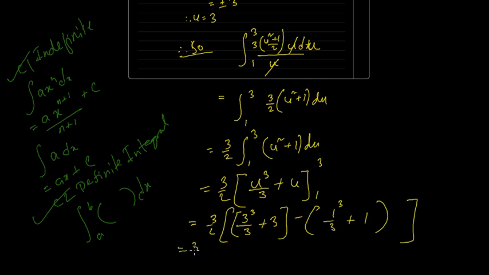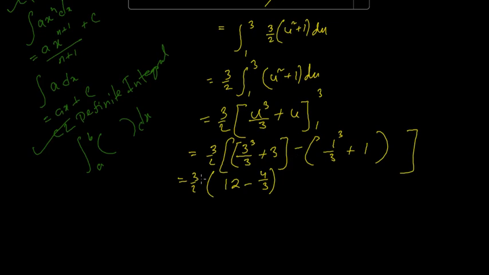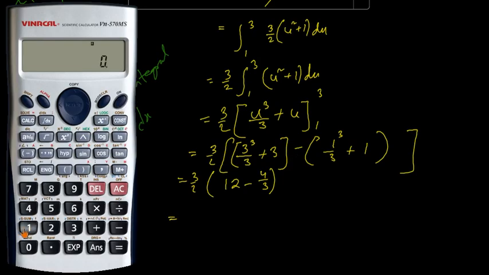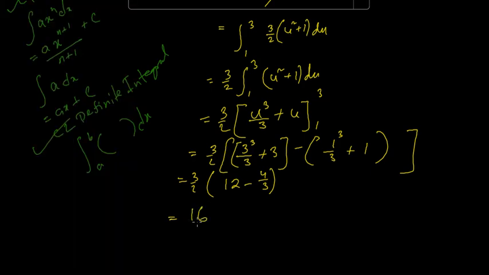If you calculate this, 3 cubed is 27 by 3 is 9, 9 plus 3 is 12, minus 1 cubed is 1, 1 by 3 plus 1, which is 4 by 3. So this one would be 12 minus 4 by 3, into 3 by 2. That makes it 16.